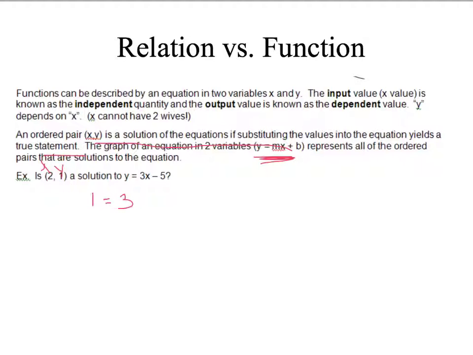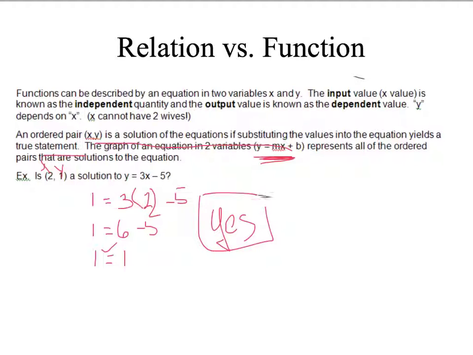So y equals 3 times x, which is 2, and then minus 5. So 1 equals 6 minus 5. So 1 indeed equals 1. So this is a solution to my equation. (2, 1) is a solution to y equals 3x minus 5.